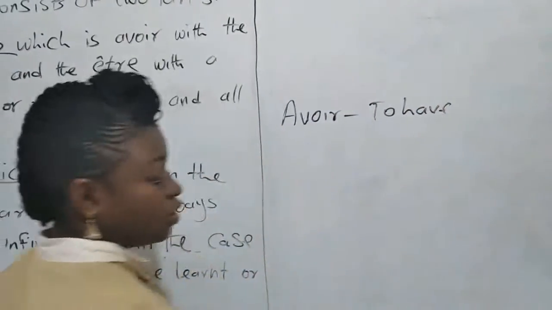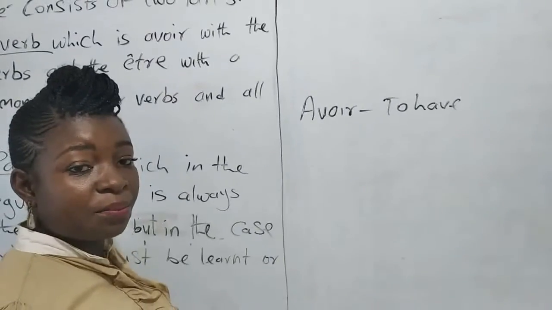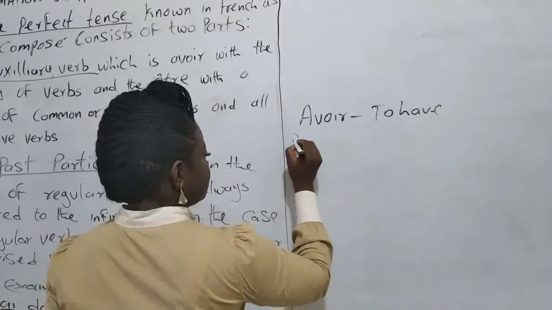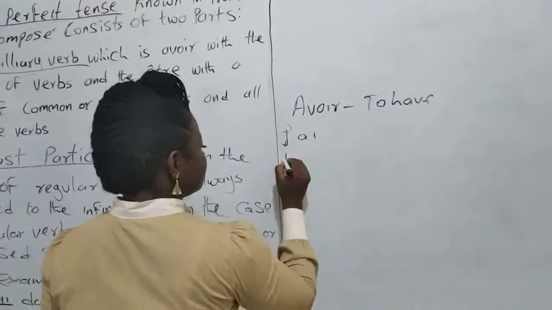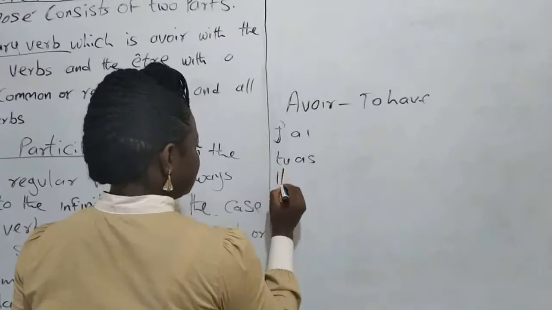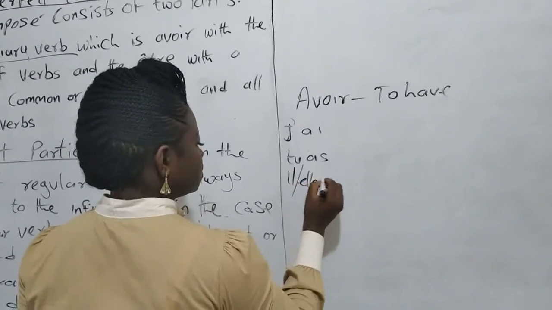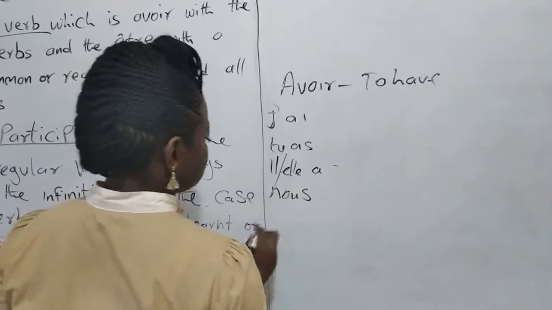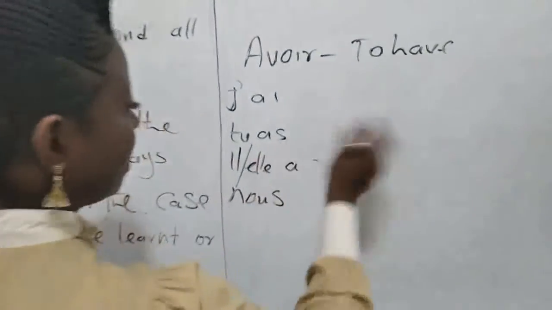And I said it must be conjugated in the present tense. So we're going to have j'ai, and then we have il, elle, a, and nous, you go on and on and on.